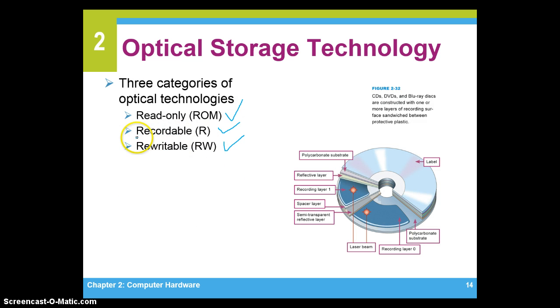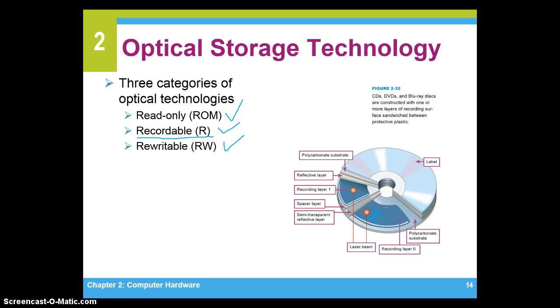But there are times we want to record them. So when you record a music CD, for example, or you want to record a video on a DVD, you're going to use recordable versus rewritable. Recordable actually uses a dye, and the laser beam itself is going to go through the different layers and hit this dyed layer, and at this dyed layer it's going to change the opacity of the surface, so it won't let light reflect.